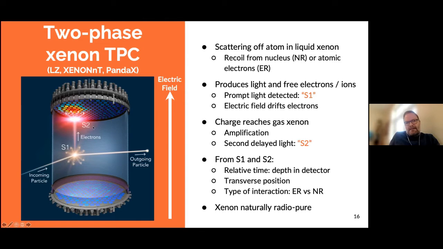So we have a gaseous phase on top of a liquid phase, and as the electrons get stripped out from the liquid into the gaseous phase, again they will create light, and in this case this is much larger. Here we are talking about thousands, so order of 1,000 photons per electron. So in this case we really get a strong light signal, which again we can collect with our photomultiplier tubes here.